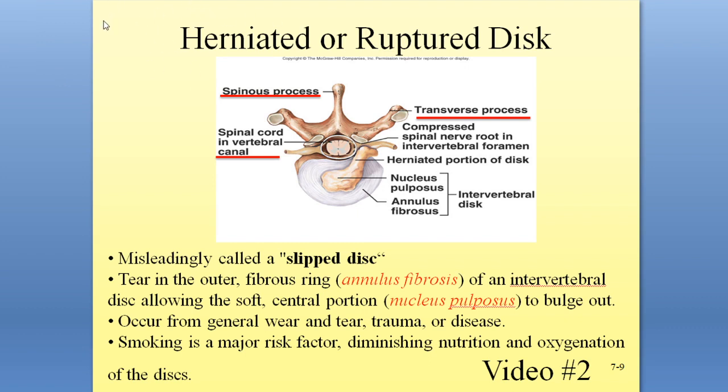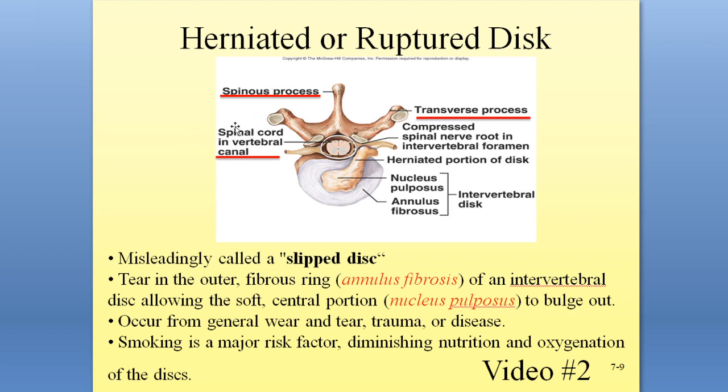Herniated discs are where the intervertebral disc becomes damaged. So it says it's misleadingly called a slipped disc. You shouldn't call it a slipped disc because that implies that you slip a disc out of place and that you could just slip it back in place, like a chiropractor could do that. That is not what happens.